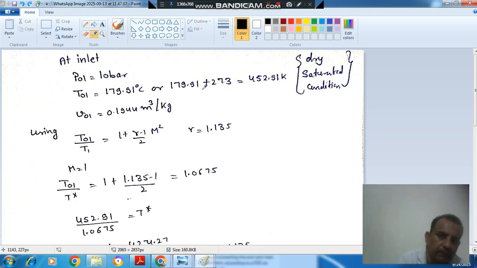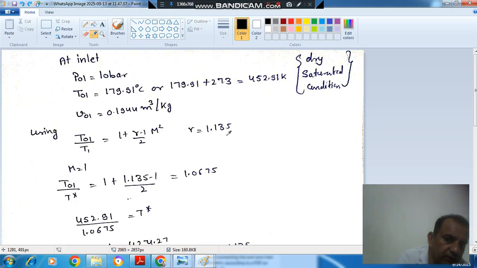Because steam is dry saturated, and we know that for isentropic expansion the relationship is T01 by T1 equal to 1 plus (gamma minus 1) by 2 M squared. For critical properties, M is 1.